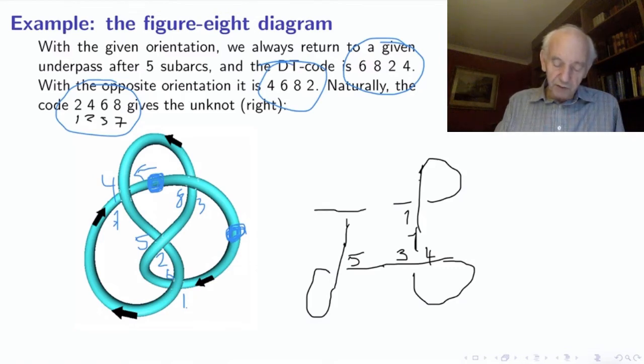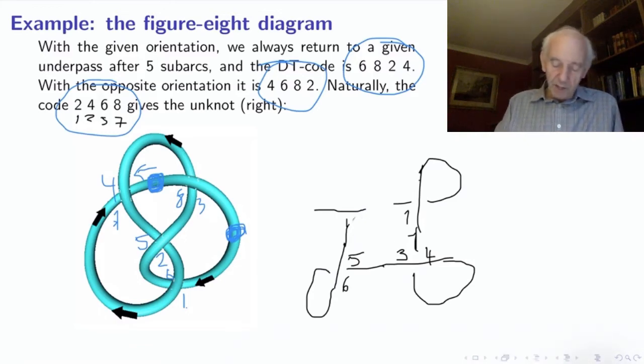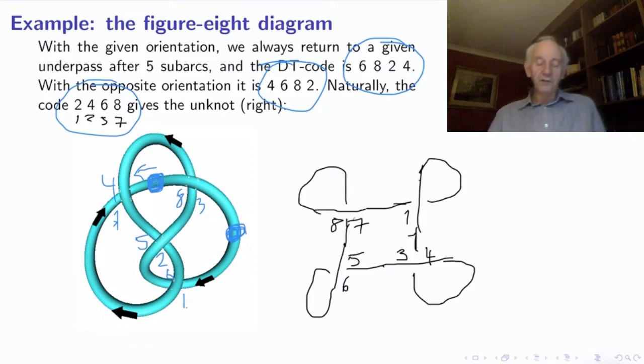This is now crossing number 6. But no, I'm jumping the gun here. 5 goes to 6, I'm now up to 7. It takes a bit of time to get used to this. I'm now up to 7. 7 goes underneath 8, but the only way I can sort that out is to link it up like that, so that's 8, and then we do go back to where we started.